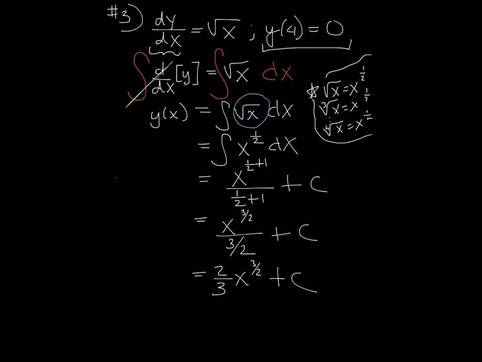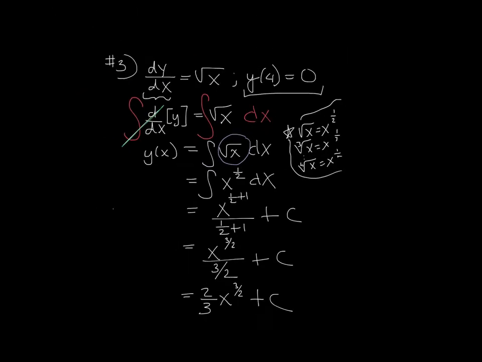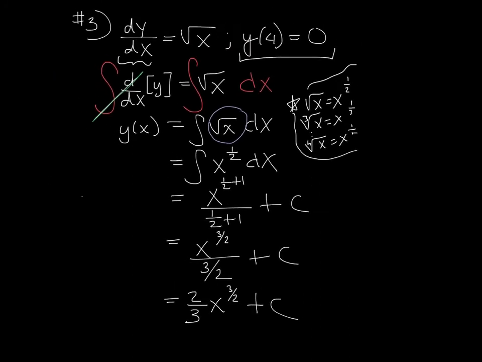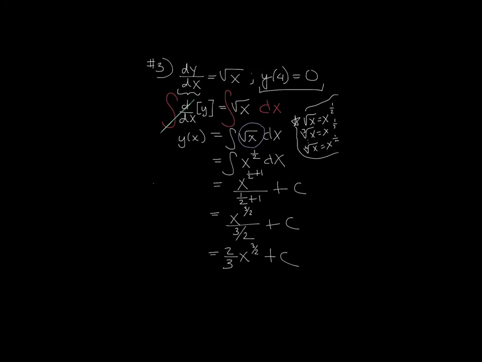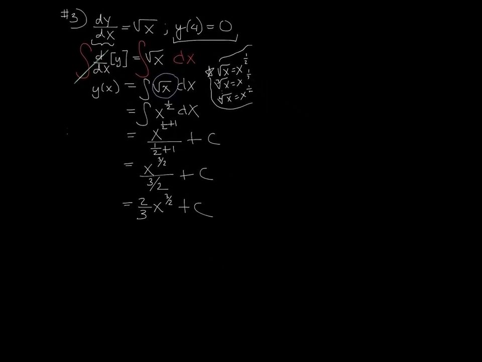So the problem asked, I believe, for the particular solution again. So y of 4 is 0, according to our initial condition, so I'm going to use this. Remember that this is a function of x.